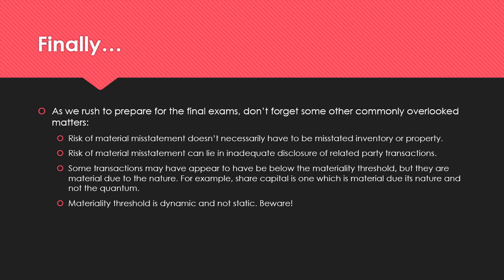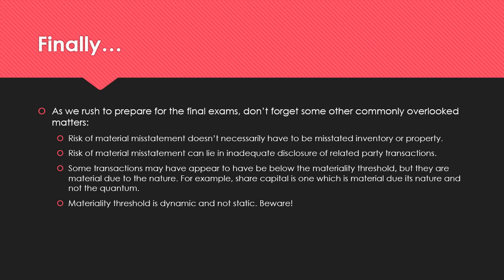Finally, as you rush to prepare for the exams, don't forget some other commonly overlooked areas. I find it surprising, when I was talking to my students not long ago, there is this common misconception that risk of material misstatement means that it must be certain values being overstated or understated.